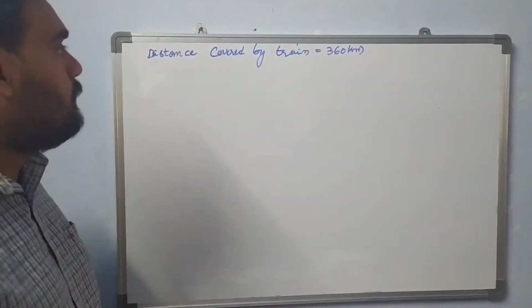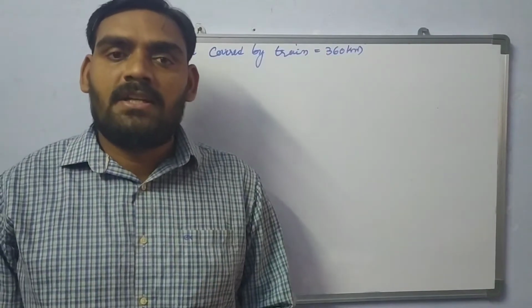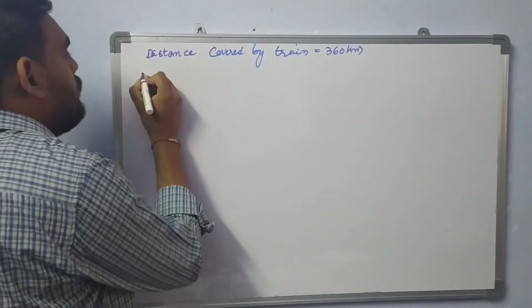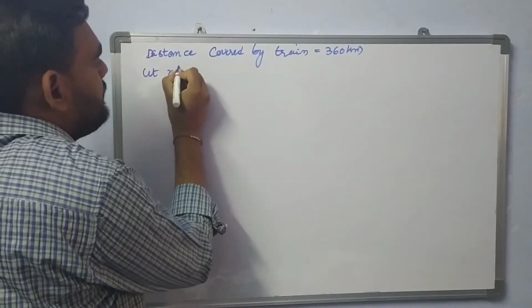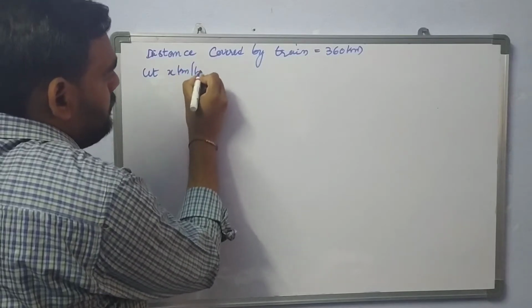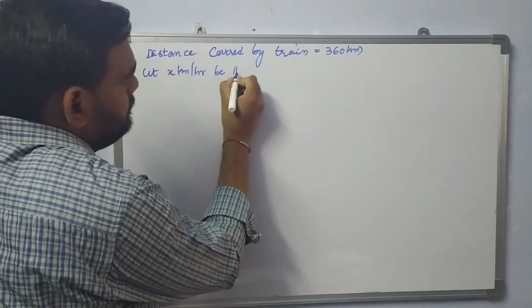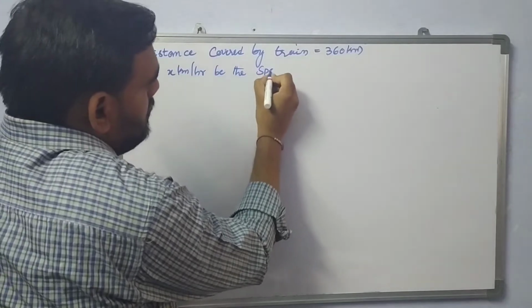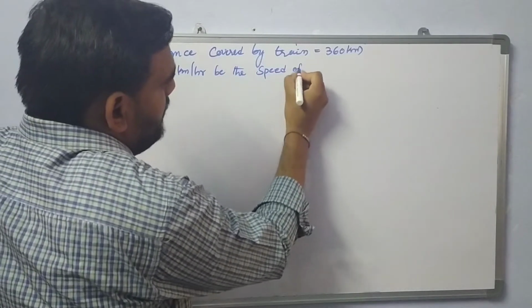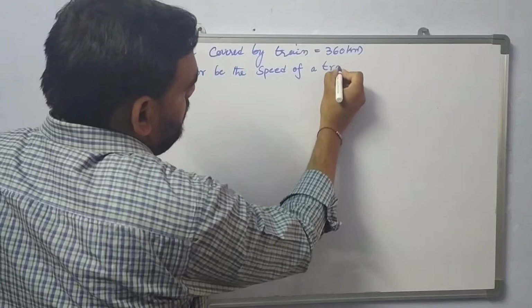In this problem we need to find the speed of the train. We don't know that, so let x kilometers per hour be the speed of the train.